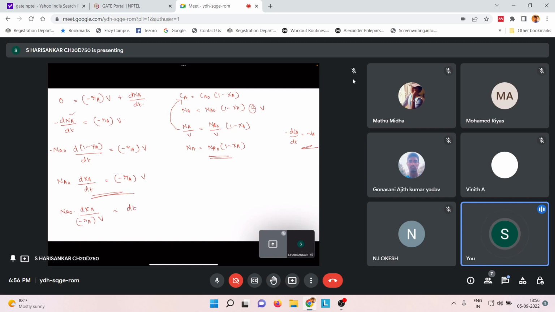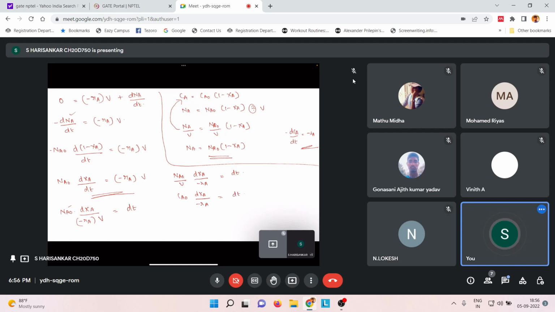Now you see here we have Na0 divided by V, so that will give you Na0 by V dXa by minus Ra is equal to dt, or Na0 by V is Ca0. Ca0 into dXa by minus Ra is equal to dt.